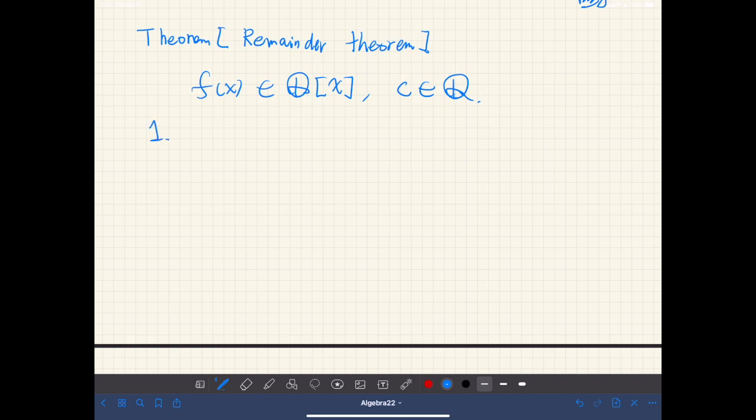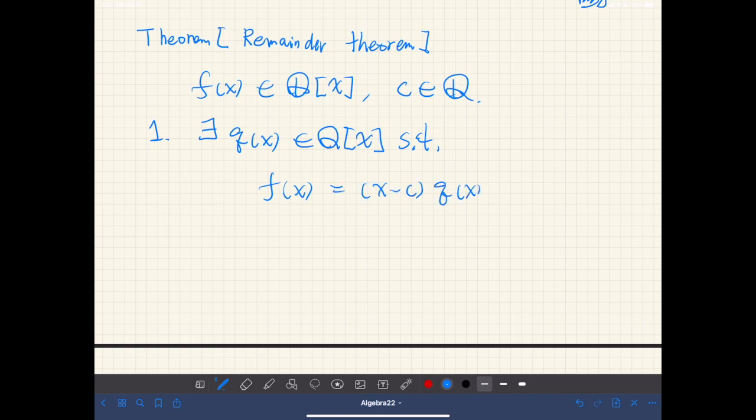First, there exists some polynomial q of x such that f of x is equal to x minus c times q of x plus f of c.